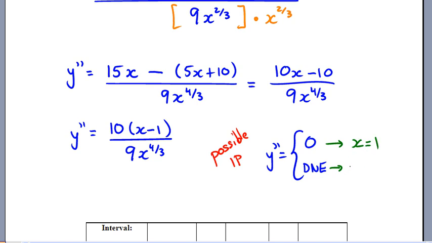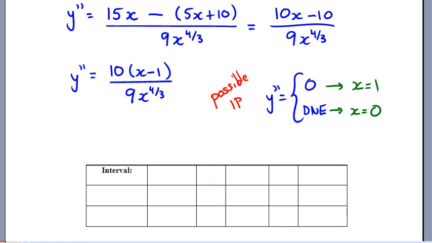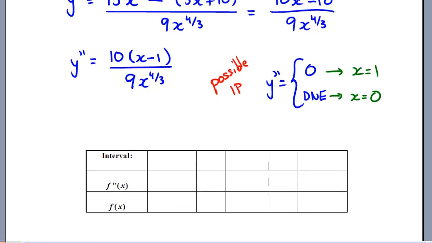And it will be broken when x is equal to 0. Okay, so 2 cuts to our x number line, one at 0 and one at 1. I've got all the numbers in the world before 0, the numbers between 0 and 1, and then all the numbers in the world after 1.